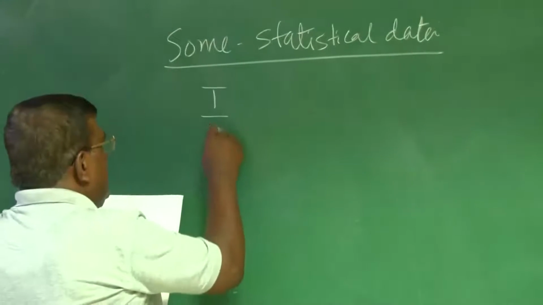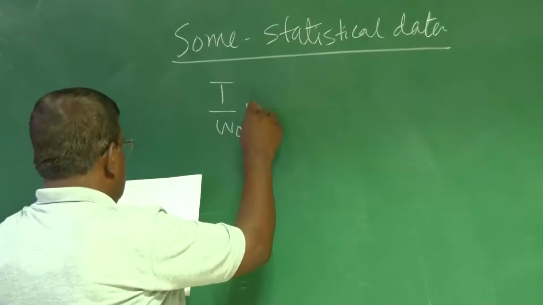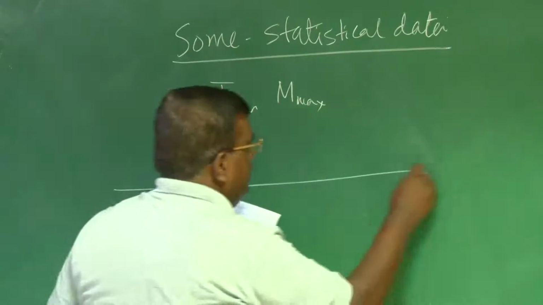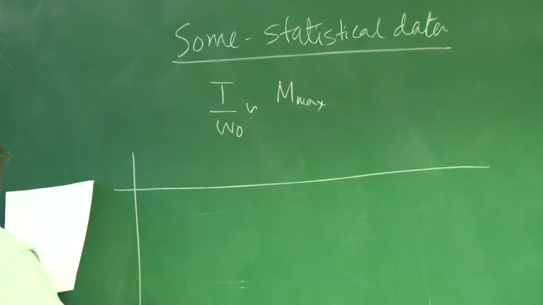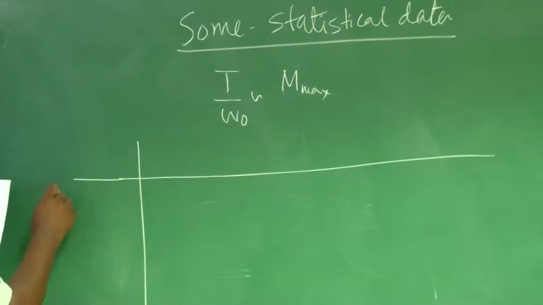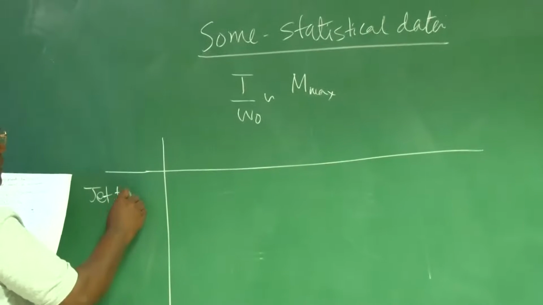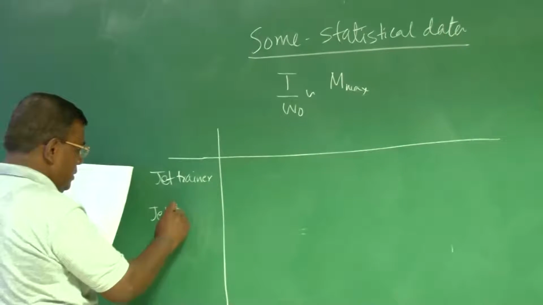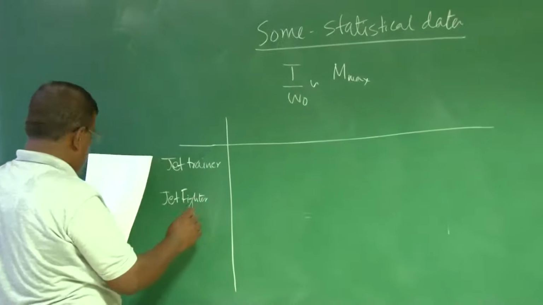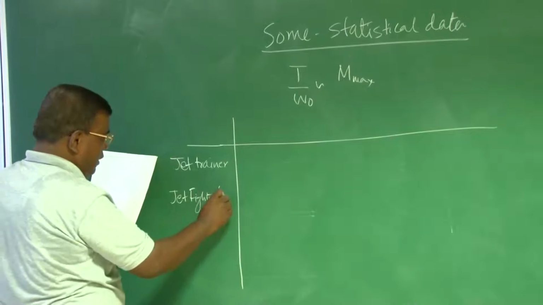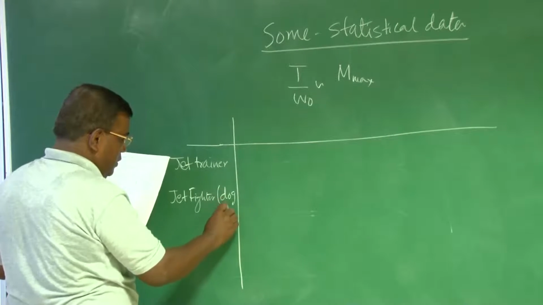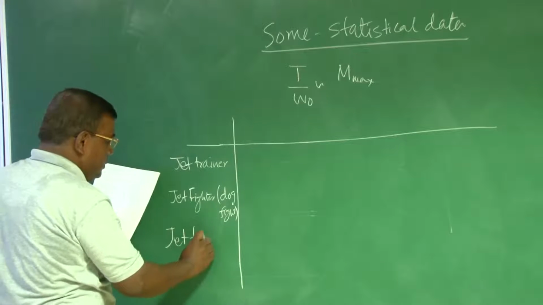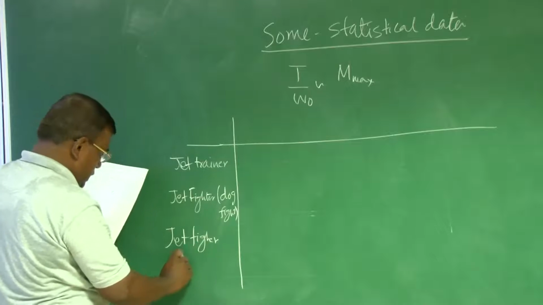T by W naught, W naught is takeoff weight, versus M max, it is Mach number. This table is useful. For jet trainer, jet fighter, this is like dogfight, then jet fighter otherwise, and jet transport.